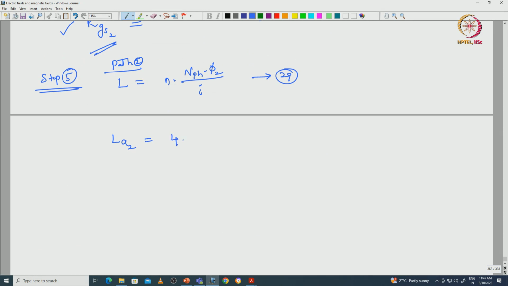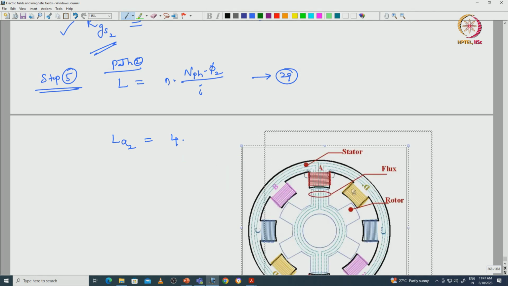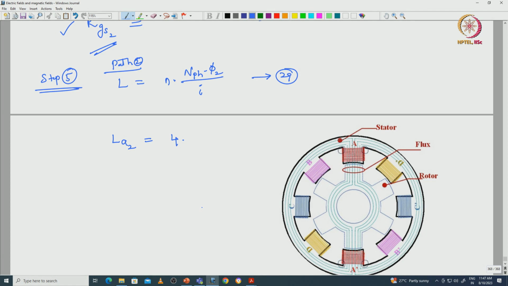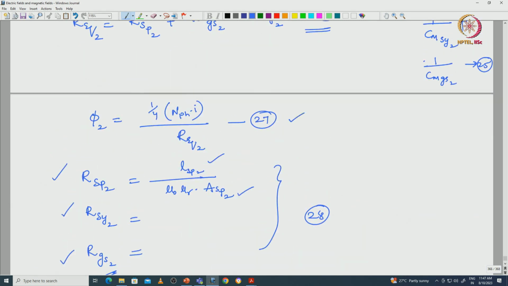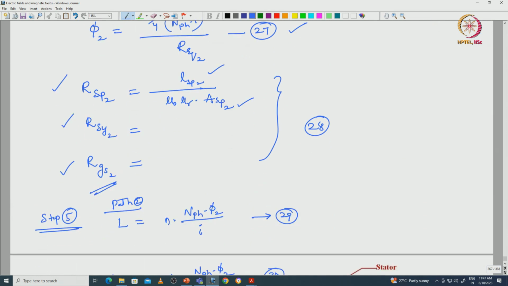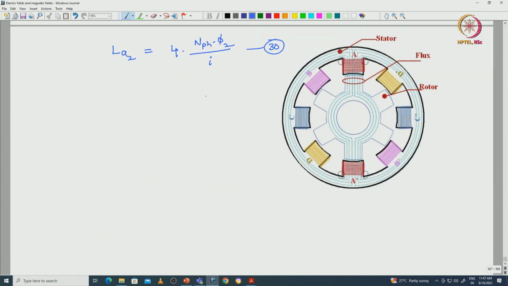The number of leakage flux paths in this figure in aligned condition are 4, into N phase into phi 2 divided by I. So, here phi 2 is nothing but 1/4 of the actual MMF divided by the equivalent reluctance of flux path 2.